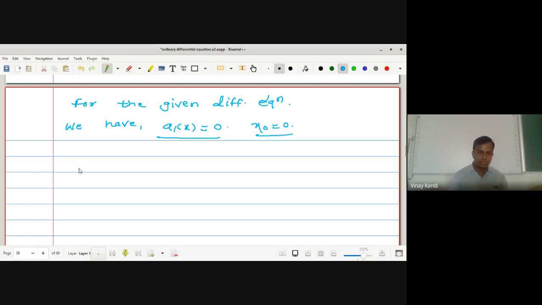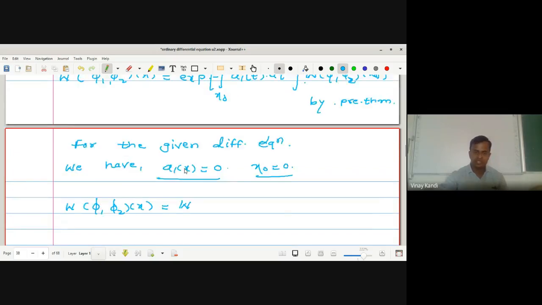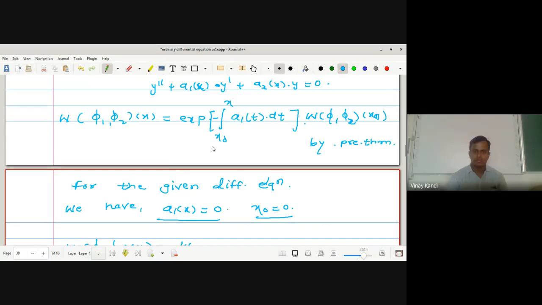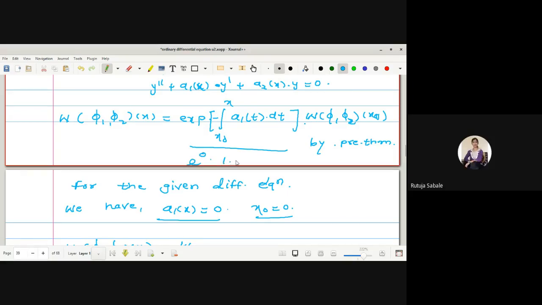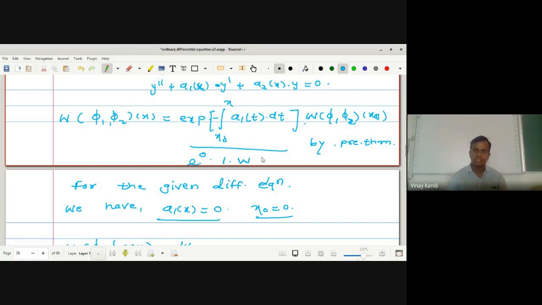So we have the Wronskian of phi 1, phi 2 at any point x equal to the Wronskian of e raised to the power of the integral of a1, which is 0. If it is 0, what will e raised to power 0 be? It will be 1. 1 into the Wronskian of phi 1, phi 2 at x naught, which is 0.